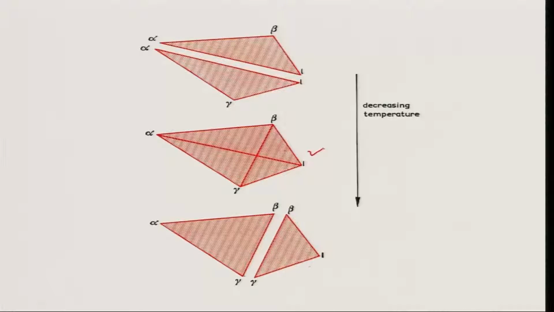What happens actually? This ternary 4 phase equilibria is always preceded by 2 three-phase monovariant equilibria. One is alpha, beta and liquid, second one is alpha, gamma and liquid.